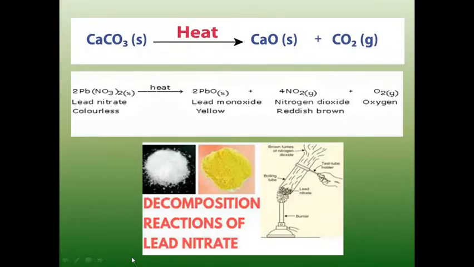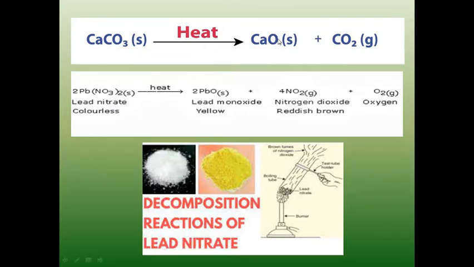Another very important example of thermal decomposition reaction is the decomposition of calcium carbonate to calcium oxide, that is quicklime, and carbon dioxide. This reaction also takes place by heating calcium carbonate, and this is a very important decomposition reaction because it is used in various industries.